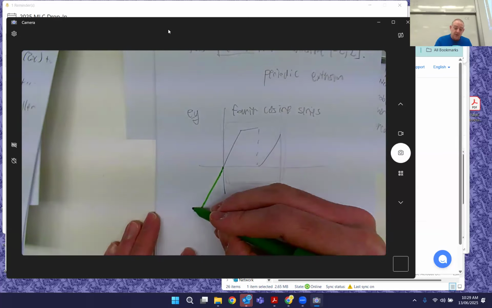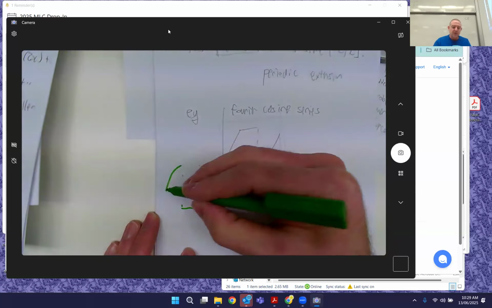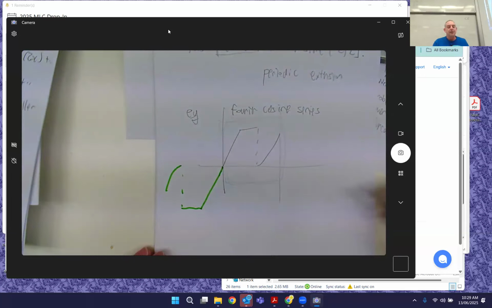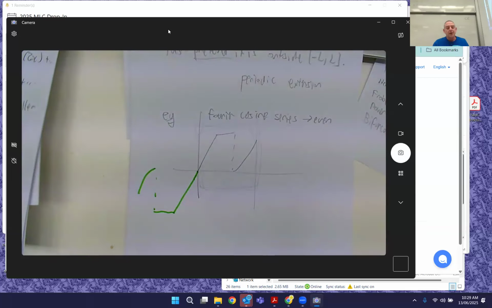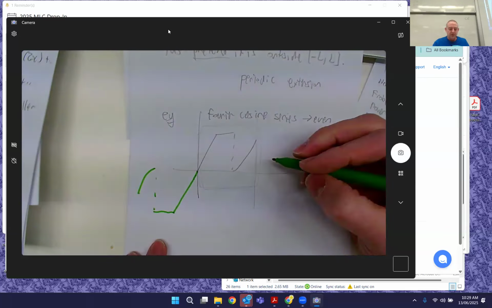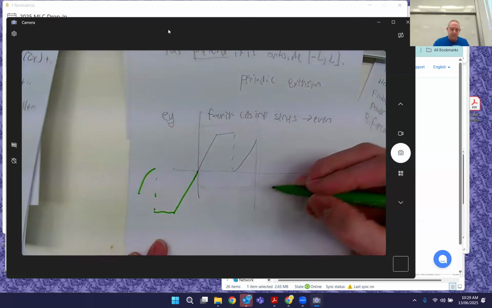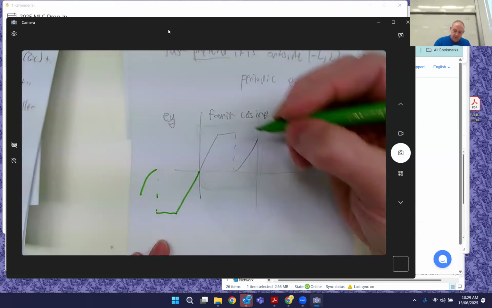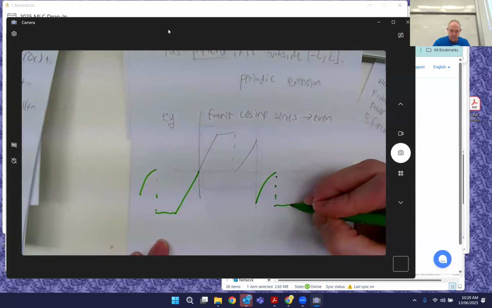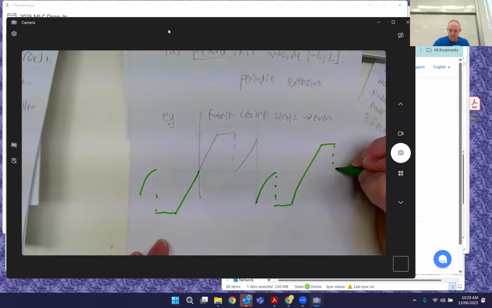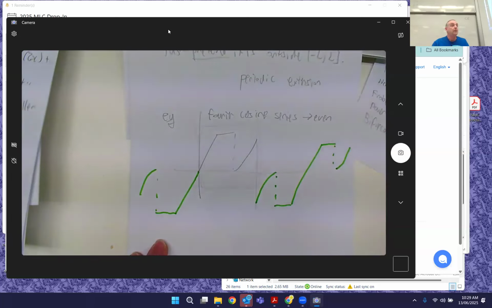And so there's a secret function out here. So that means I've turned it into an even function because I've used cosines. And I've also turned it into a periodic function as well.